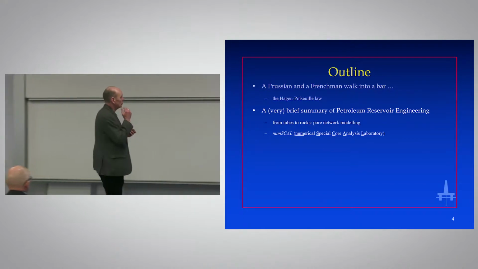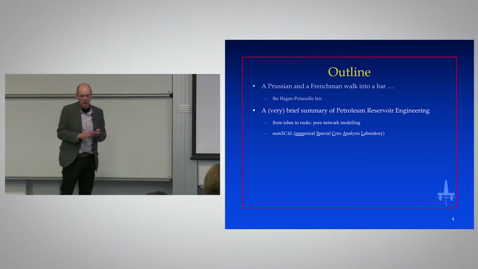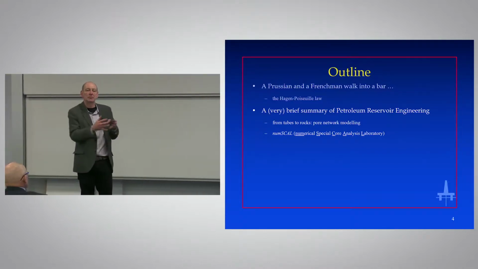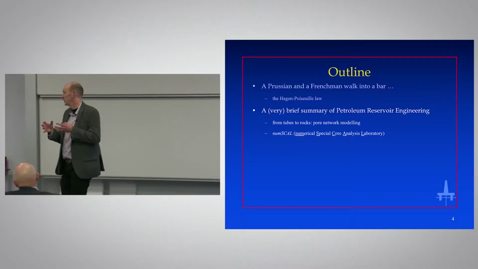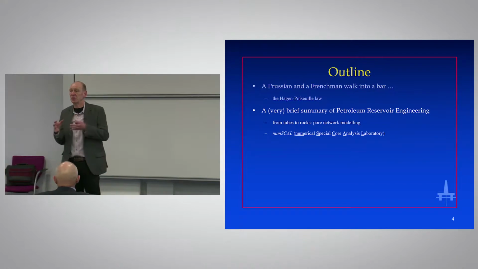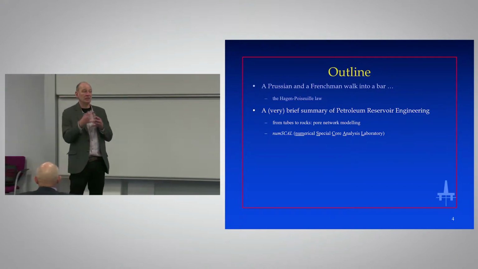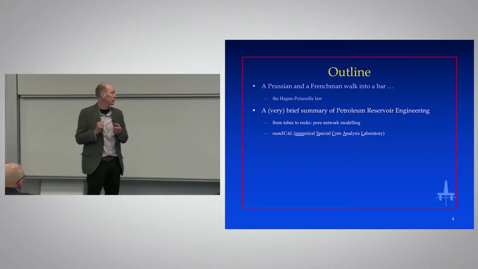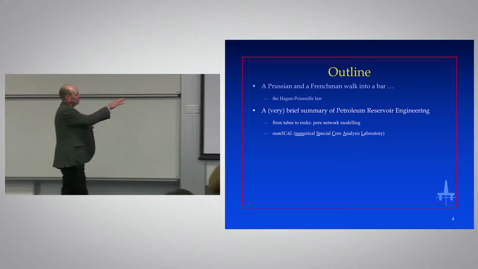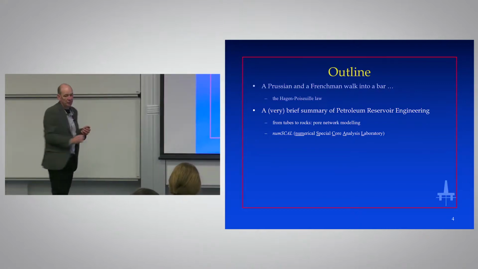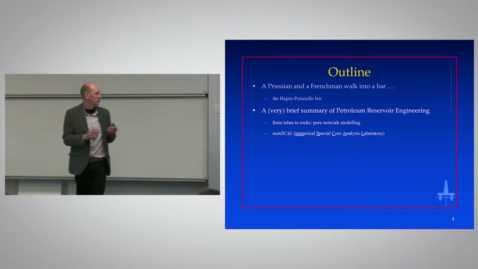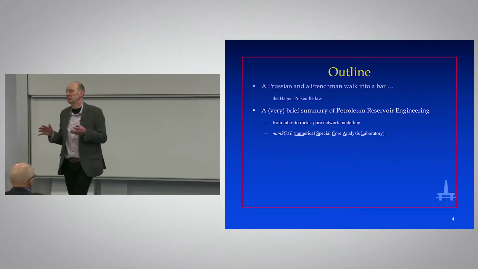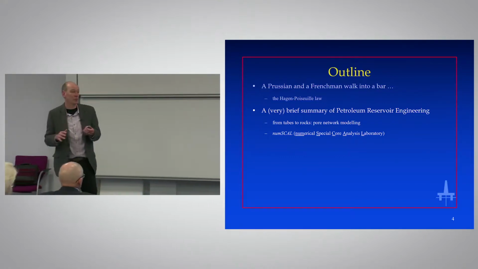I'm then going to give a very brief summary of reservoir engineering, and describe how we can take that simple tube and build it into an interconnected network, and then apply that network to the study of multi-phase flow through rocks, so different fluids flowing through rocks. And I'll briefly touch upon a numerical simulator that we've developed called Numbskull, which allows us to do lots of little numerical experiments covering a wide range of different petrophysical problems.